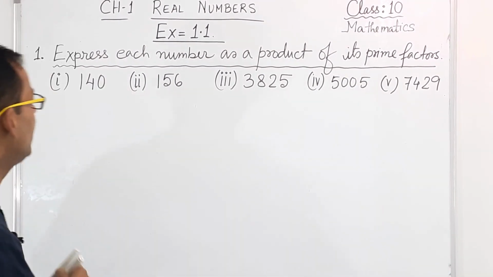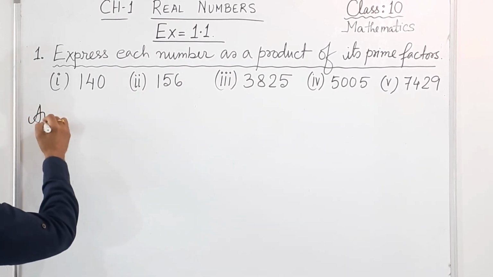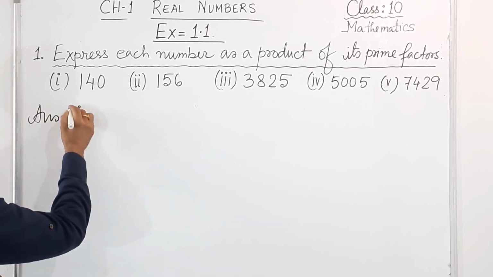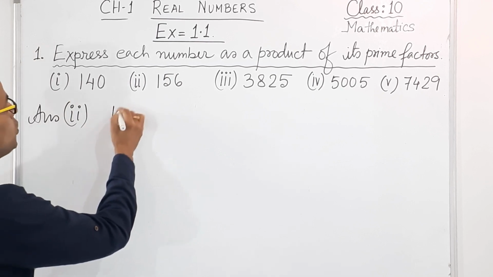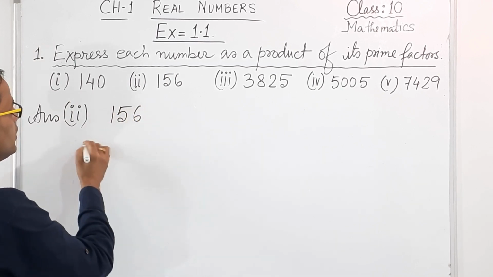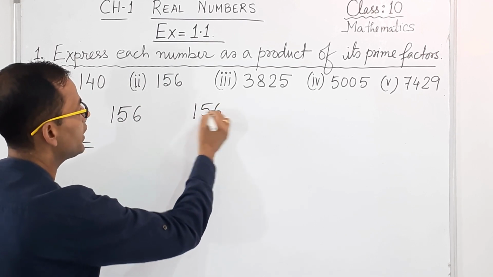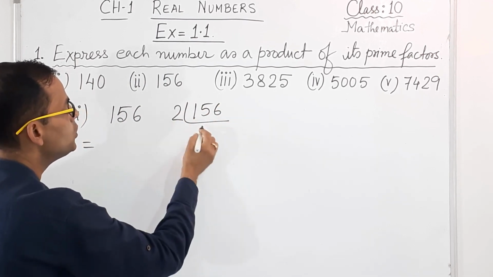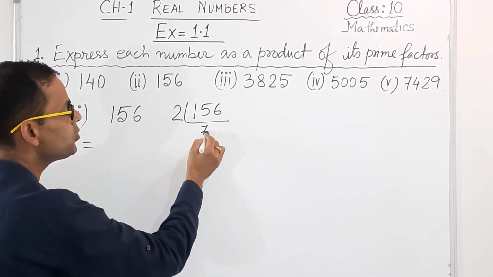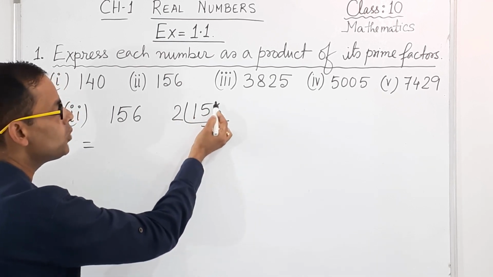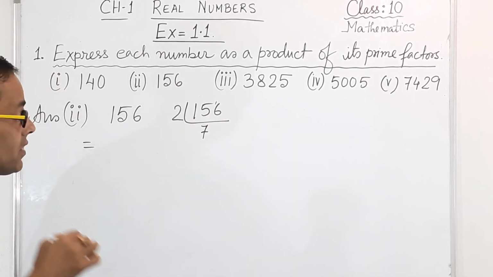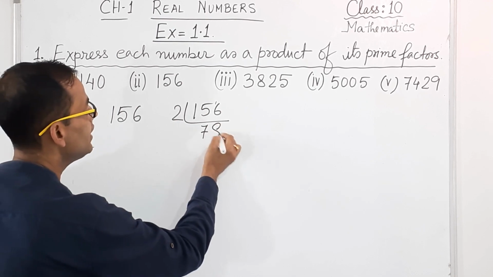Clear? The next sum, that is Roman 2. Answer Roman 2. So what is it? 156. So we will break it. 156 will go with 2. 2 7s are 14, but it is 15, 1 is extra, it is coming 16 now. 2 8s are 16.